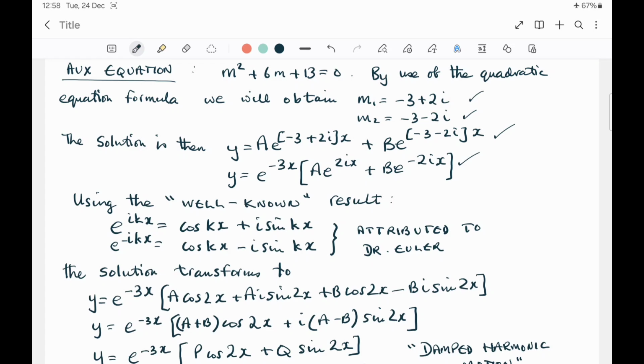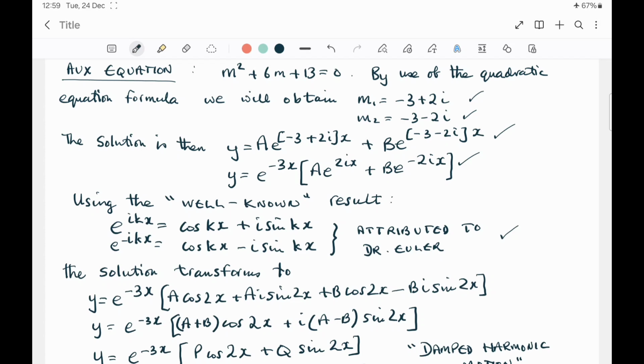It goes like this: e to the power ikx is cos kx plus i sin kx, and similarly, with minus x replacing x, e to the minus ikx equals cos kx minus i sin kx. These results are attributed to a certain Dr. Euler, who made massive contributions to the subject of mathematics.